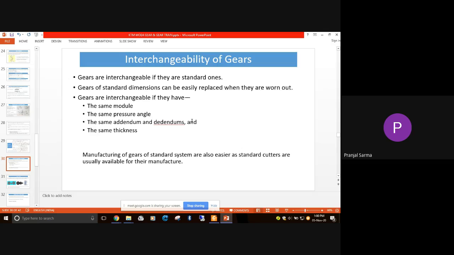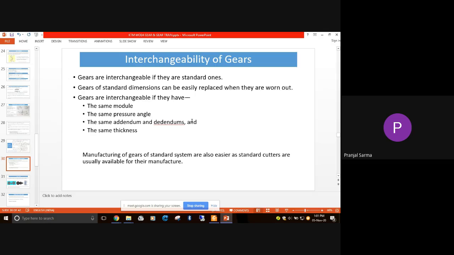If a gear has to be interchangeable, then it has to meet certain specifications, and it has to fulfill them. Suppose you are an engineer in a particular plant and some machinery has collapsed, and some gears have worn out, or some teeth have broken, or it has developed a crack, or whatever the mode of failure. It will be your duty to diagnose the problem and find the solution.